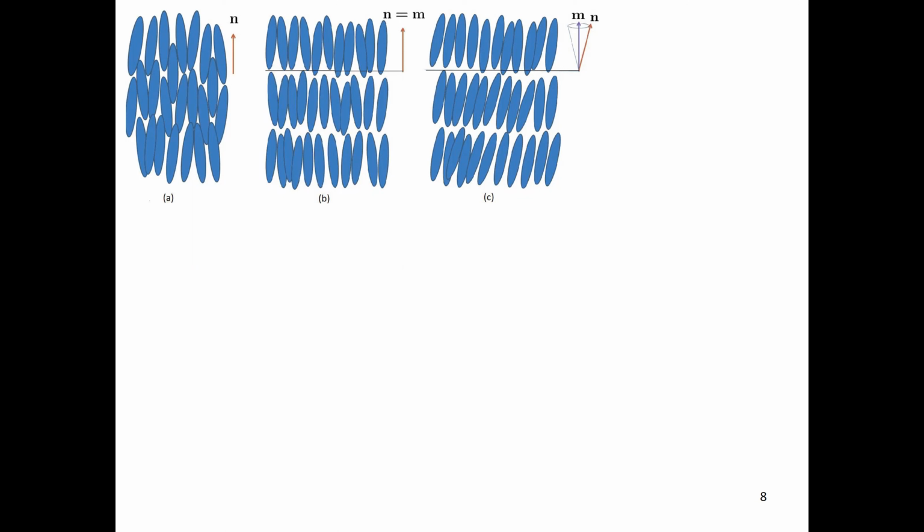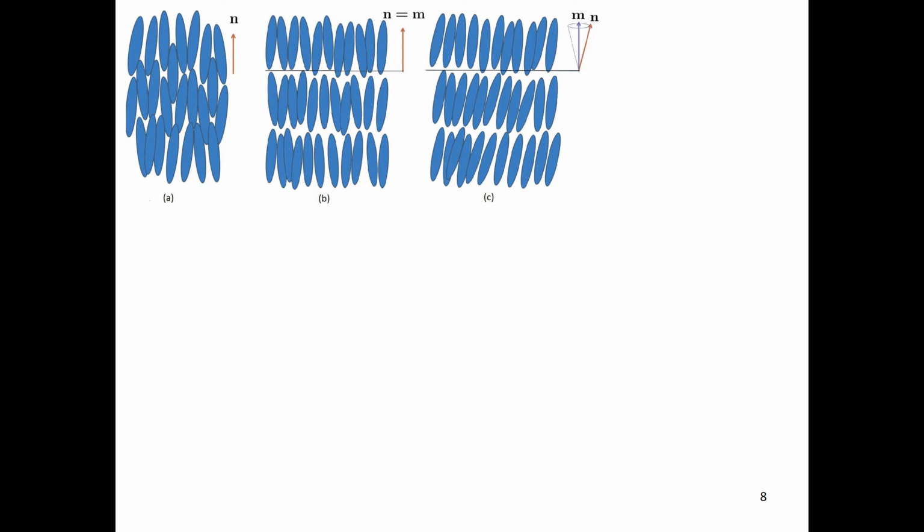So here we have that the molecules still point more or less in a certain direction, n, but also they form themselves into layers, and the layer normals are another vector, m. And in smectic A, n is equal to m. In other words, the molecules are roughly speaking perpendicular to the layers.